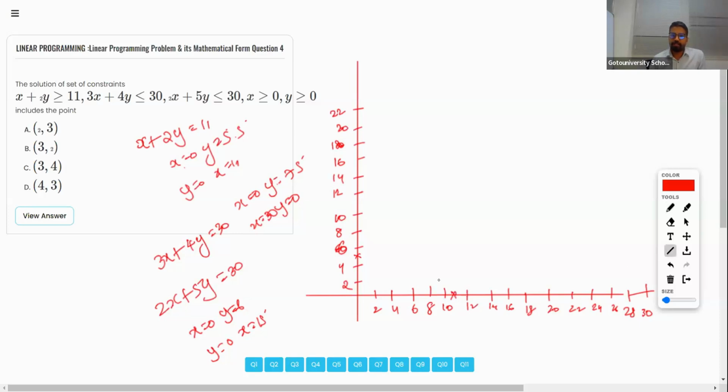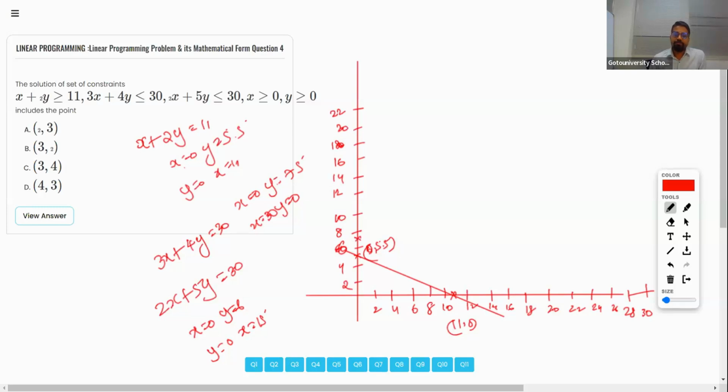One of the lines goes like this. So let me write (0, 5.5), (11, 0).